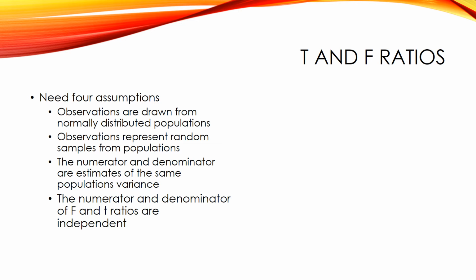The observations are drawn from normally distributed populations, so you have to have that bell-shaped curve or normal distribution. The observations must represent random samples from populations, so you took a random sample from the population. The numerator and denominator estimate the same population variance, and the numerator and denominator of the F and T ratios are independent. And that just deals with the formulas that you'll learn in statistics.